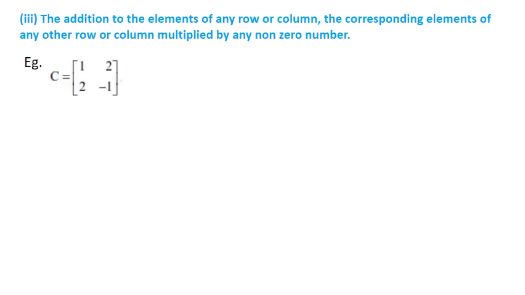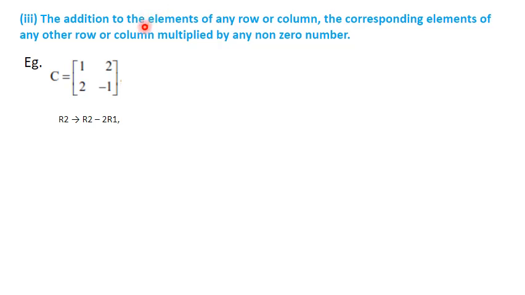Here I'm taking an example. Matrix C is equal to 1, 2, 2, minus 1, a 2 by 2 matrix, and we will take an operation on a row, so it is a row operation. I'm taking R2 changes to R2 minus 2R1.